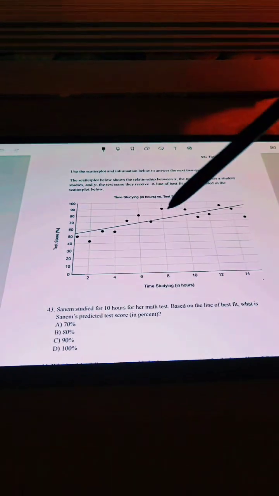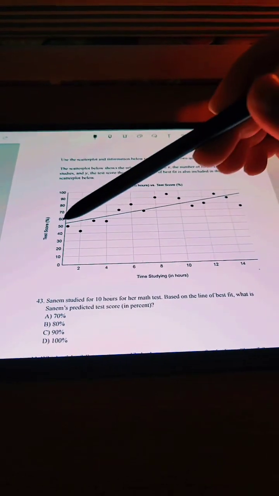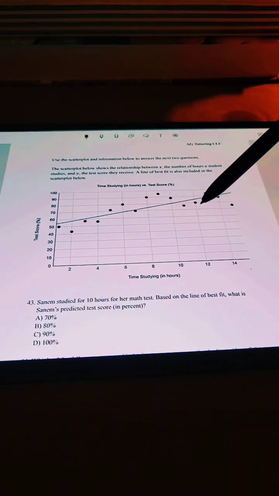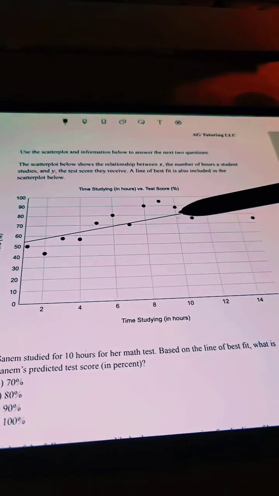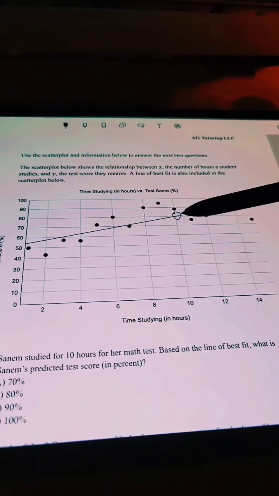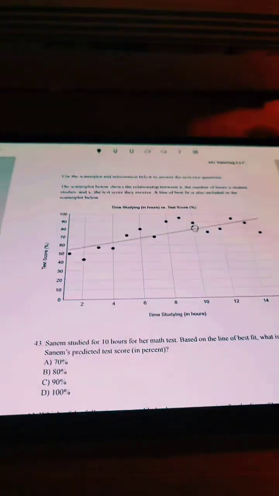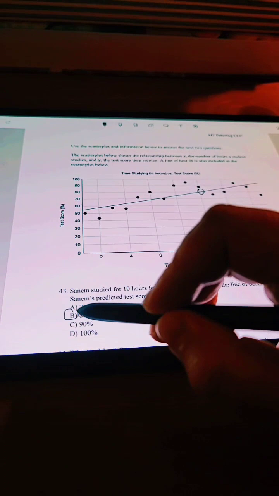So this is important, based on the line of best fit. So they're not asking for the actual data point, they're just asking, based off of this gray line right here, the line of best fit, what's her predicted test score. So at 10 hours, we're looking at this point right here, which corresponds to 80%. So it would be B.